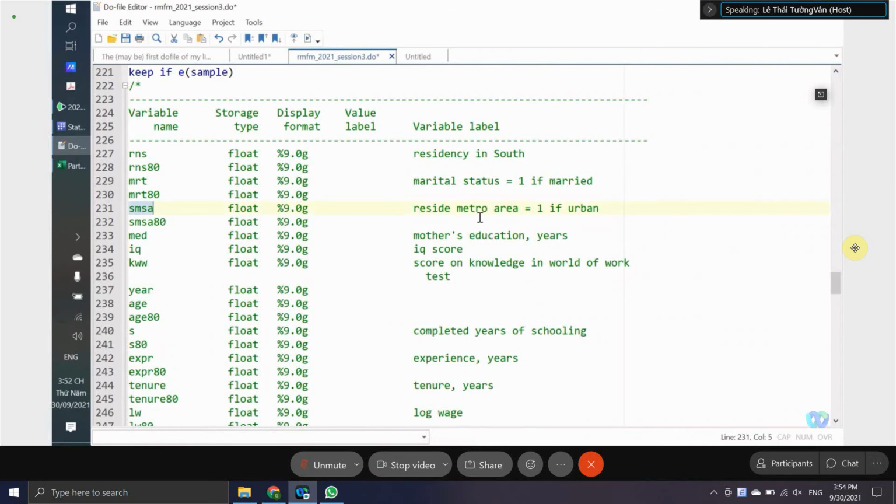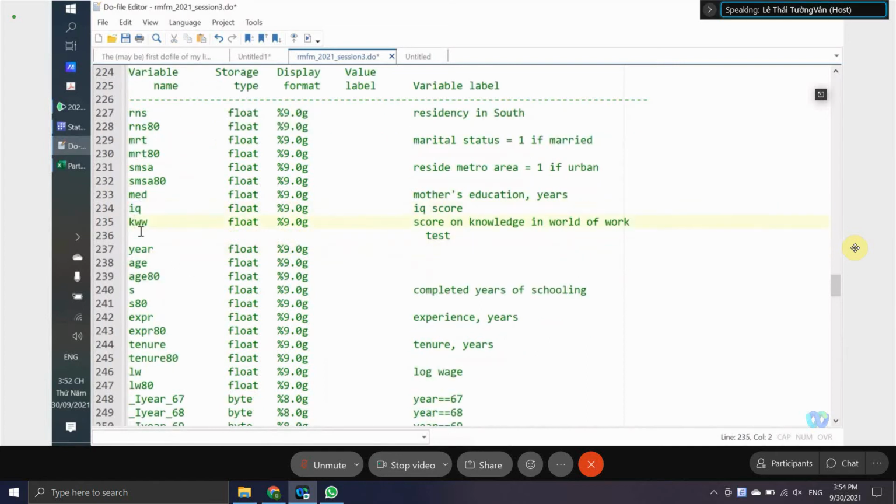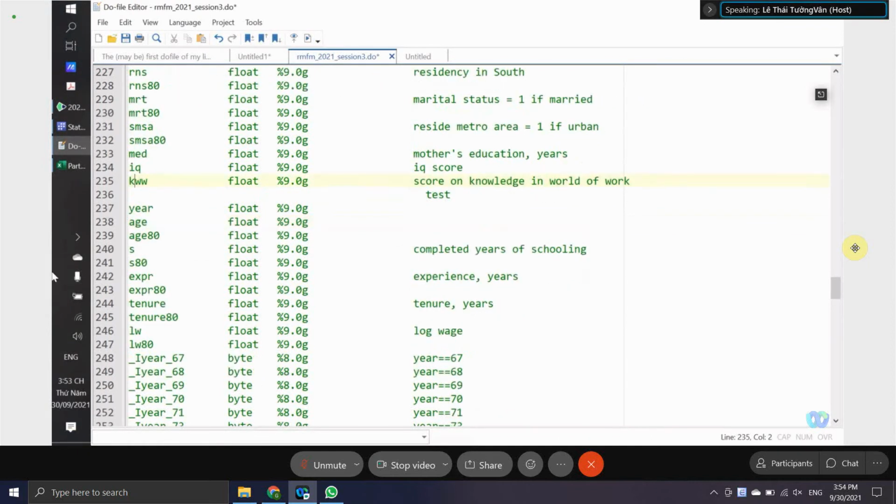SMSA is resident in metro area. MEDU is mother's education. IQ is IQ score. KWW is the score on the Knowledge of the World of Work test. So this is a test where they came to your office and gave you some tests and asked you to do them quickly. S is schooling, completed years of schooling.